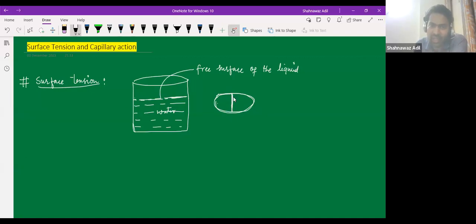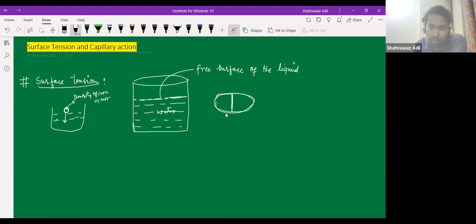We know that the density of the needle is more than water. So if the density of some substance is more than water, then what happens to that object? If you put iron on this water, it goes down because the density of iron is more, so it will go down in the water.